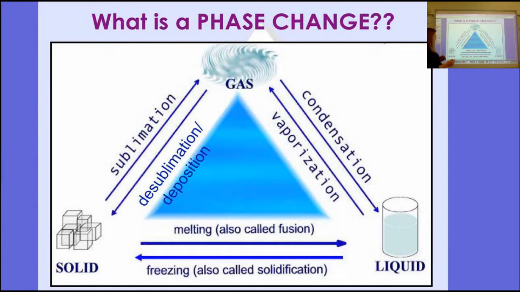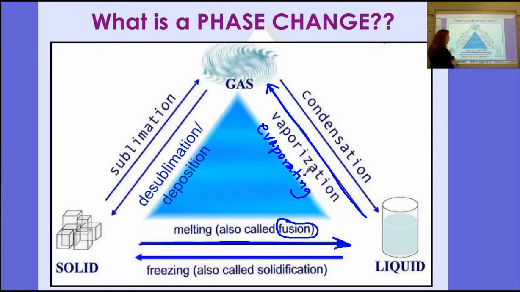If you're going from solid to liquid, it's called melting. We're going to use this word, fusion, for this unit. If you have a liquid to a gas, you're either vaporizing or evaporating.